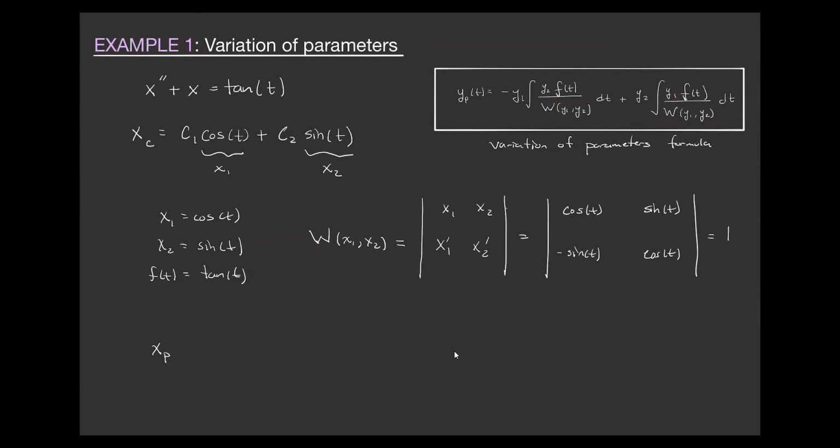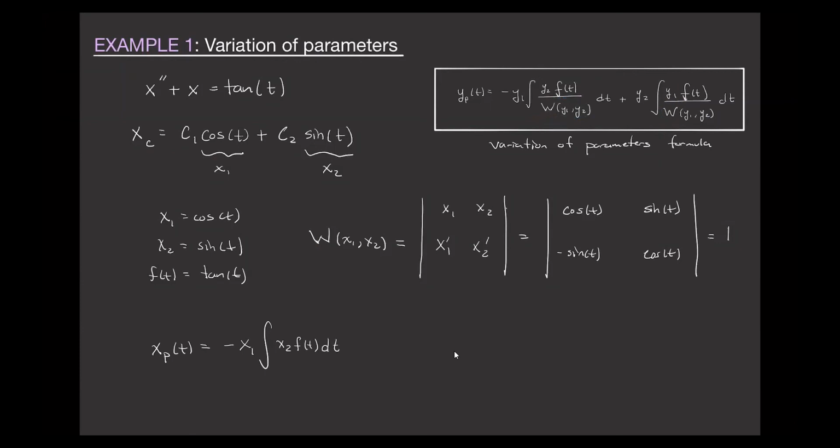Now our x_p is going to be equal to, first we have negative x1, then the integral of x2 times f of t. And I'm really just rewriting the variation of parameters formula. That would be divided by the Wronskian, but we just saw that the Wronskian was 1, so there's nothing more to do there.